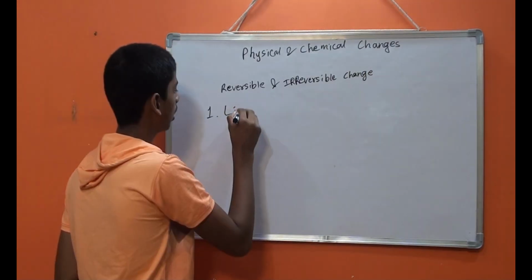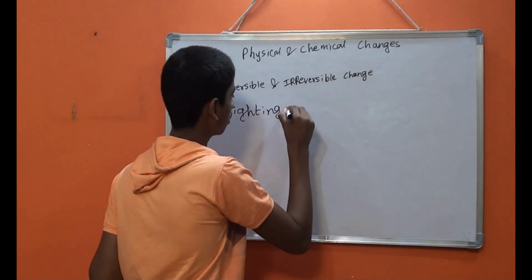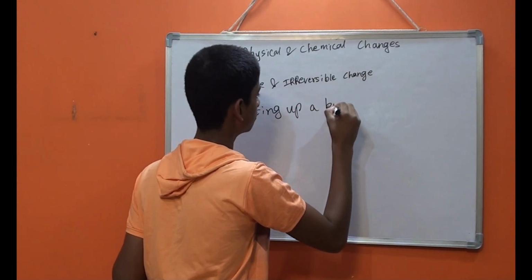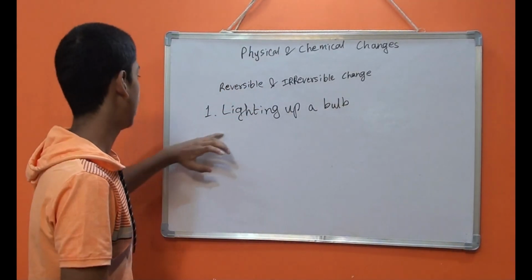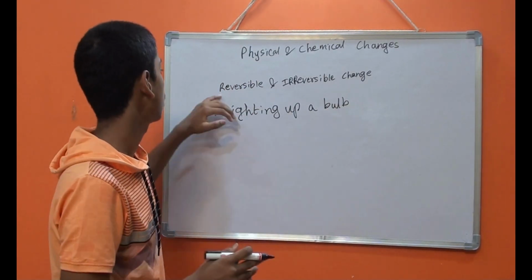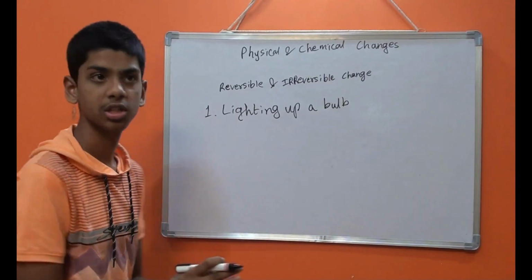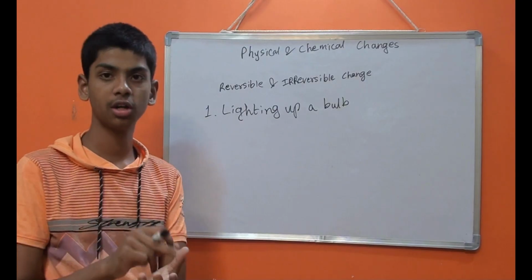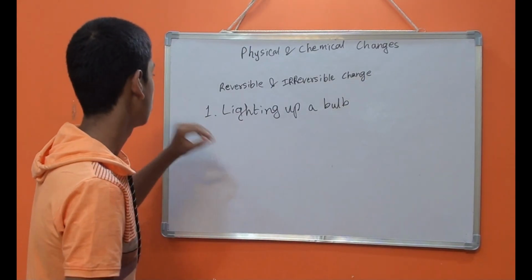First one, lighting up a bulb. It is a reversible change, because when you switch it on, you can also switch it off.